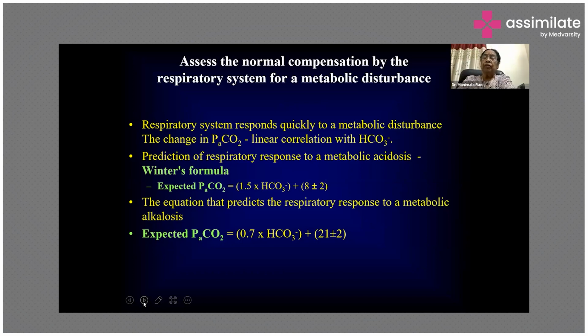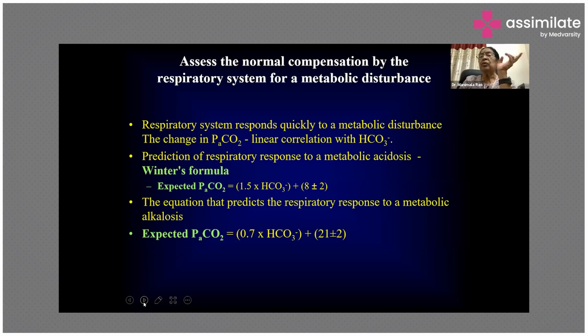If you have metabolic acidosis, you want to know what is the PCO2, whether it has gone up, gone down or not, and sufficiently gone down. For that, you have to use 1.5 multiplied by bicarb plus 8, plus or minus 2. That is the Winter's formula. And if it is metabolic alkalosis, 0.7 multiplied by bicarb plus 21. So these are the two for metabolic acidosis and alkalosis.